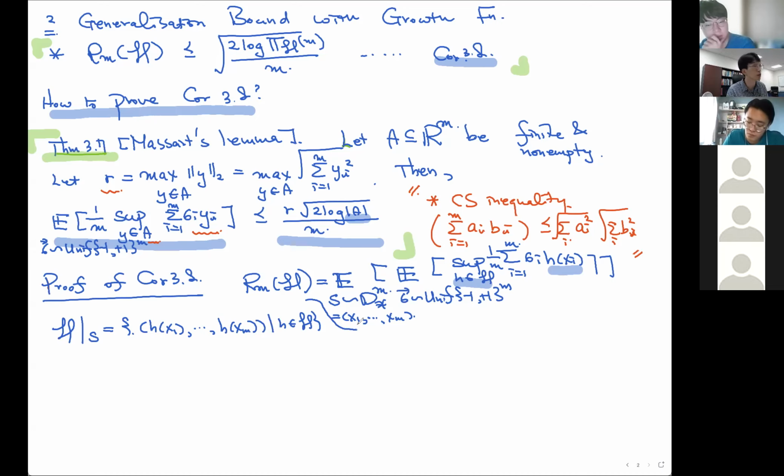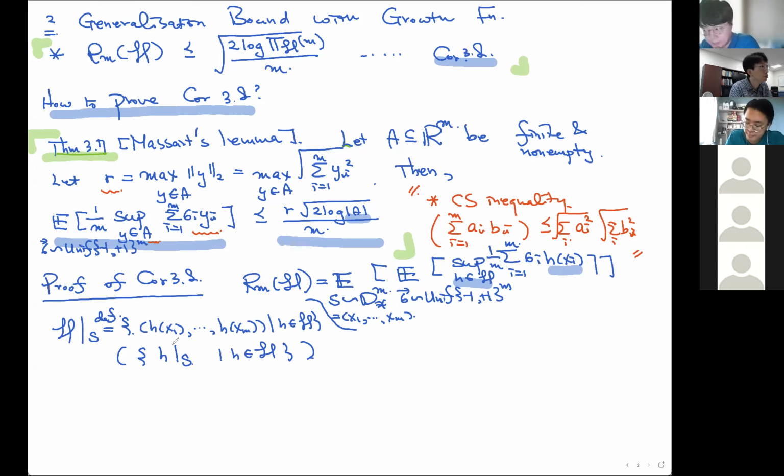So that's our notation. If you prefer, you can also view this as h restricted to the domain S. You can view this as a function or vector. It doesn't really matter. They are equivalent.